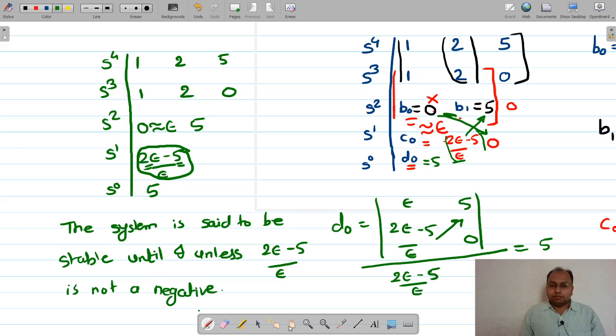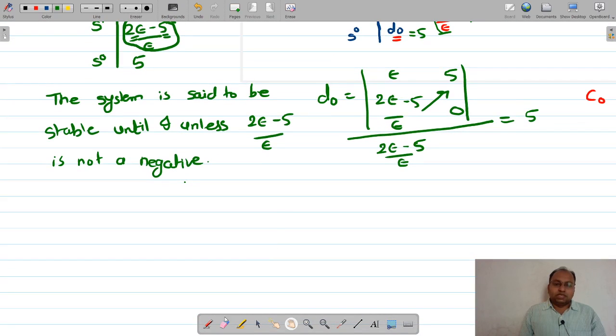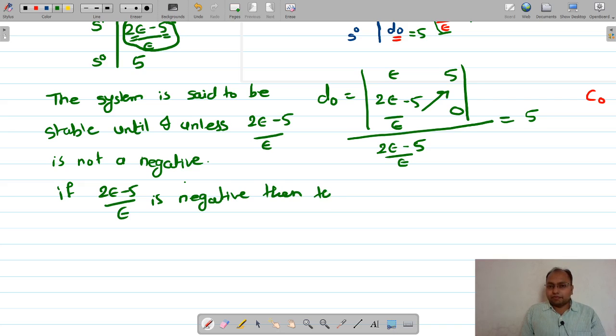If it is negative, then this system is unstable. So if 2 epsilon minus 5 divided by epsilon is negative, then the system will be unstable.